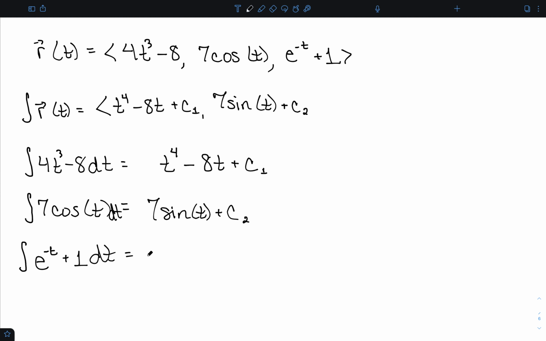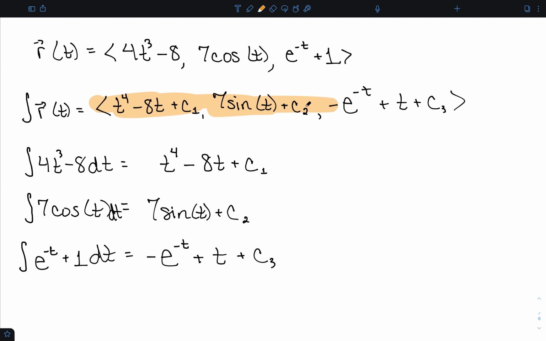The integral of e to the negative t is negative e to the negative t. The integral of 1 is t, and we have a third constant here, c3. So this is negative e to the negative t plus t plus c3. So here is the integral of my vector-valued function.